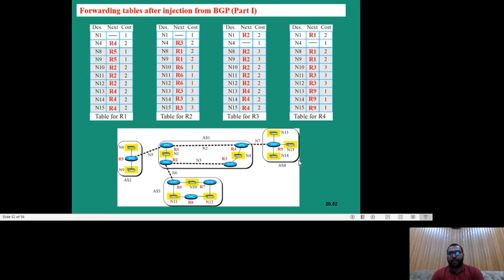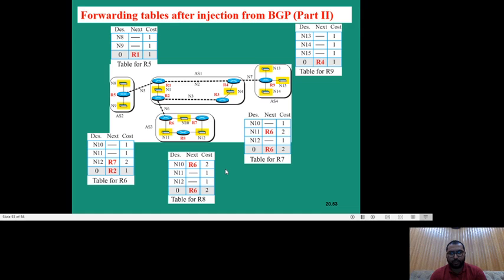If any node from N9, all the way in another autonomous system, which is AS4, wants to establish a connection to any node in network 14, it has to go through R1. The next router will be R1 for R5. This is R5. Okay, sorry, no, R5 is here, so it will go through R1.